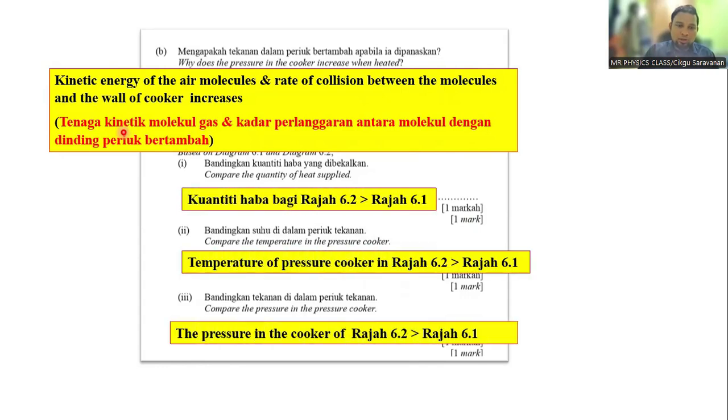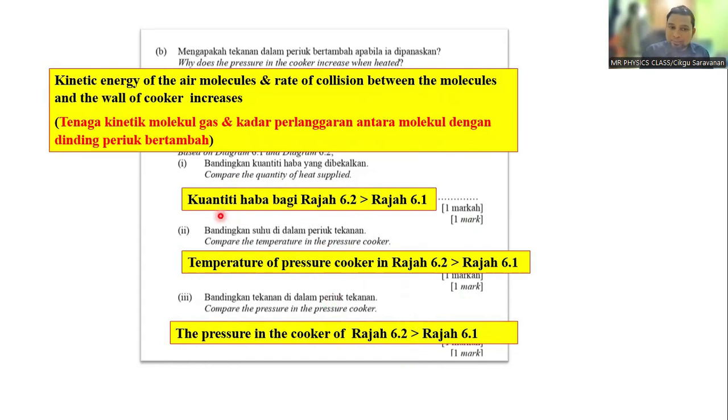So as what we see from the picture just now, the first diagram has low temperature and a low reading of air pressure. The second one has high temperature, and the reading of pressure also is higher. For everything, you can use the symbols greater than and lower than. Boleh pakai.